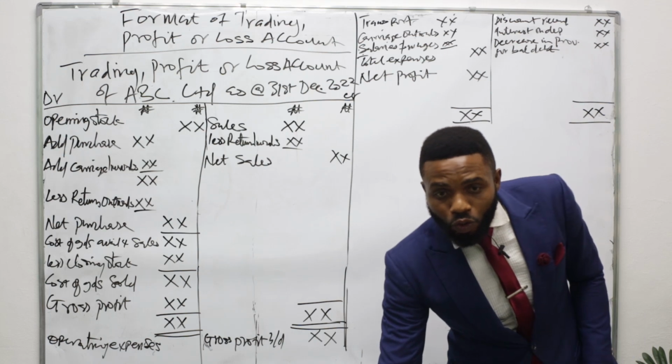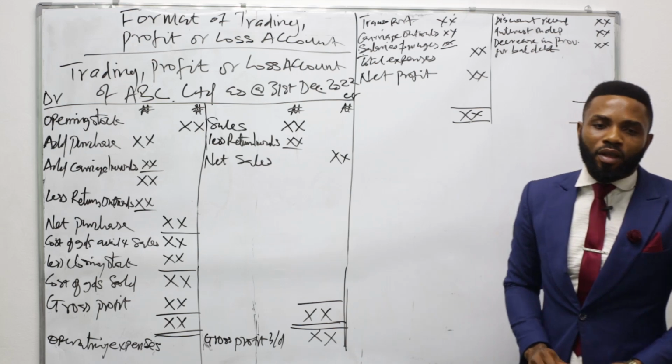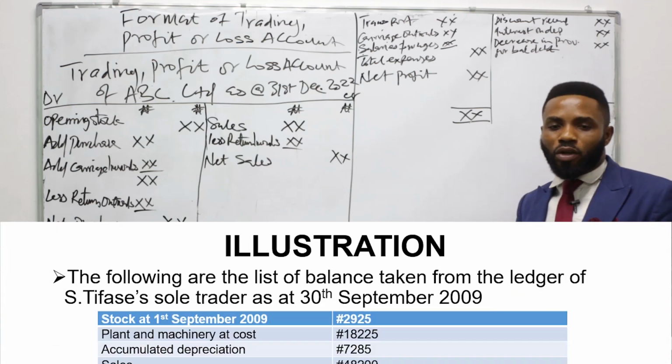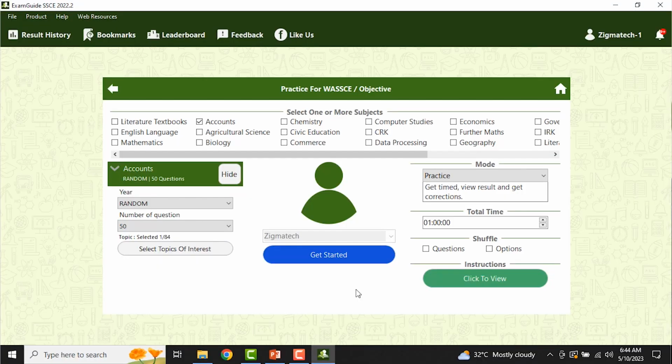So what I'm going to do at this point, we have some questions already, but I'm going to go to some exam guide. So having explained and given the description of how it should look, we are going to take some past questions from exam guide that will be used to explain better what we have discussed so far.